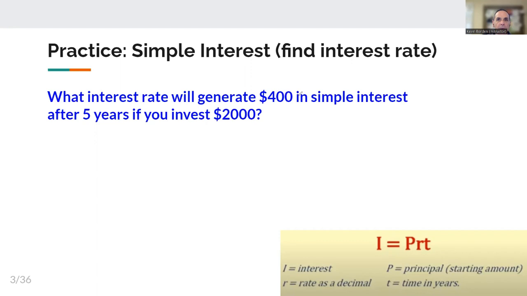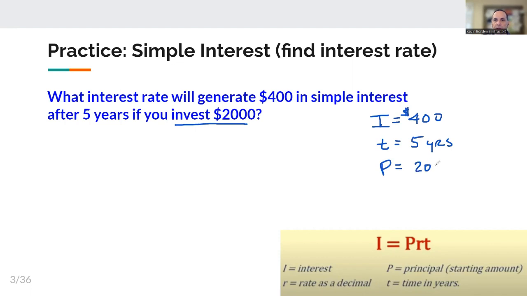So $400 in simple interest tells us that that's what I is. So we immediately see this is a little different because we know what the interest is. We know that the time is 5 years. And we are investing $2,000. That's the starting amount. So that's the principal.